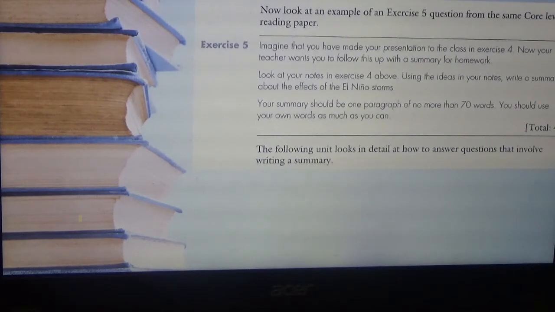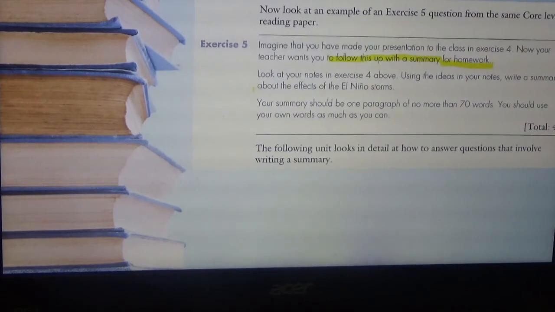Exercise 5 example question is, as you see on the slide, imagine that you have made the presentation to the class in exercise 4. Now, your teacher wants you to follow this up with a summary for homework.